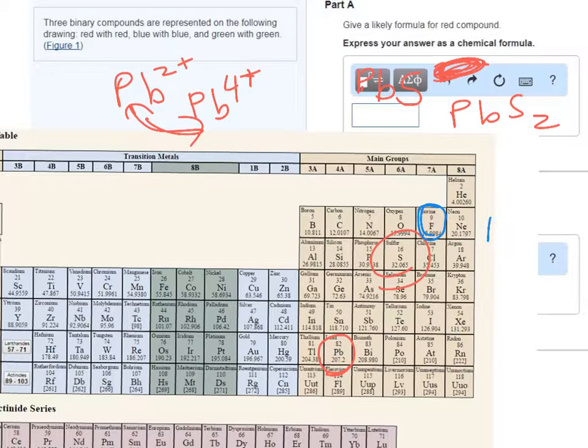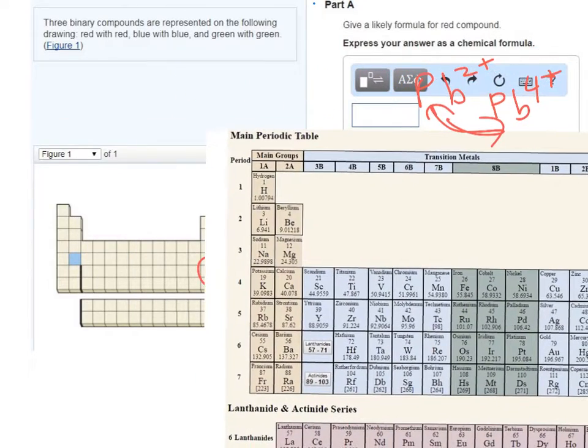And remember, fluoride always has a -1 charge. The other element we're going for is going to be group 2A, and it's going to be 1, 2, 3, 4, 5th period. So it's going to be strontium. And strontium's in group 2A, so it has a +2 charge.